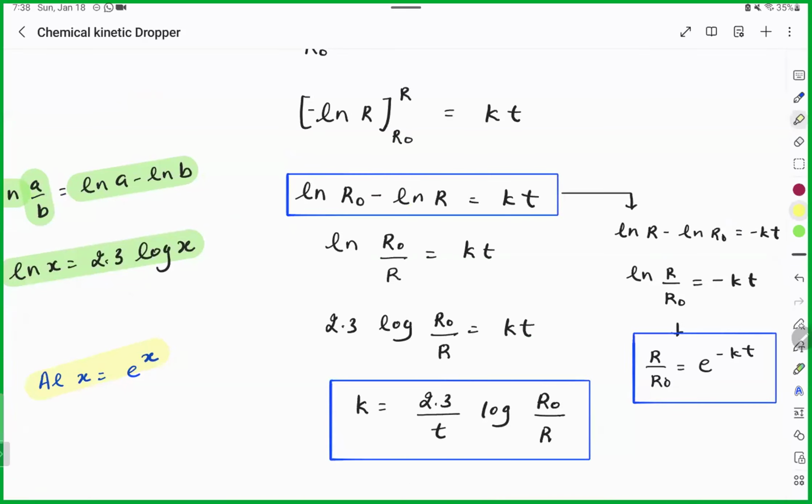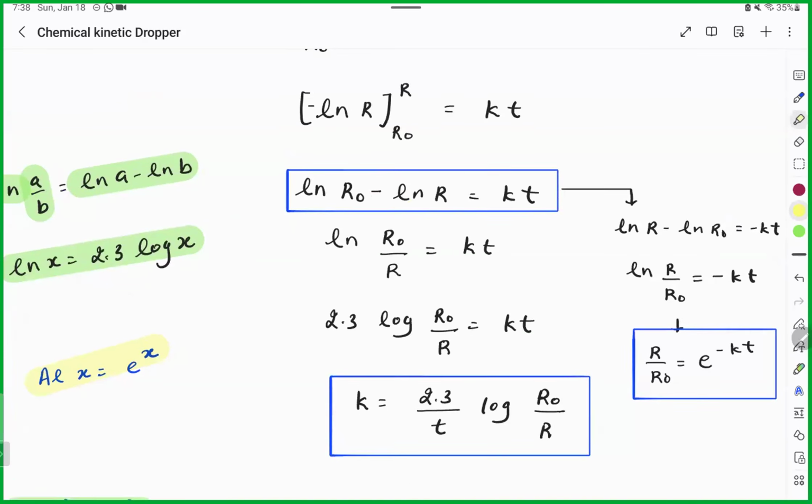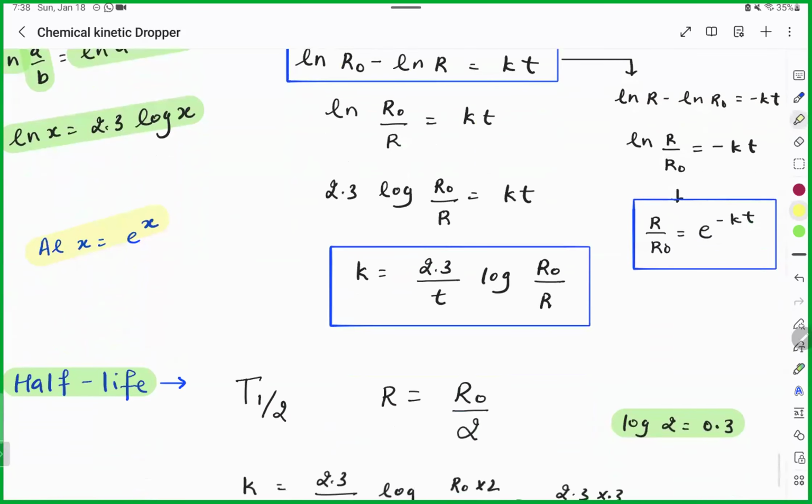So, based on this, can you also say, using this equation, you want to correlate the relationship between log R naught by R and T?